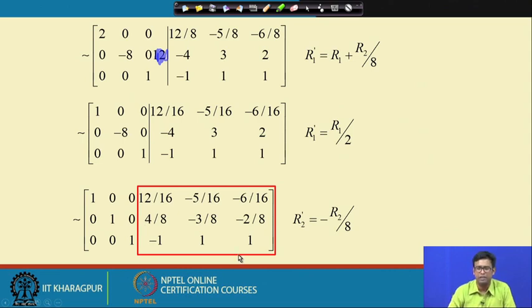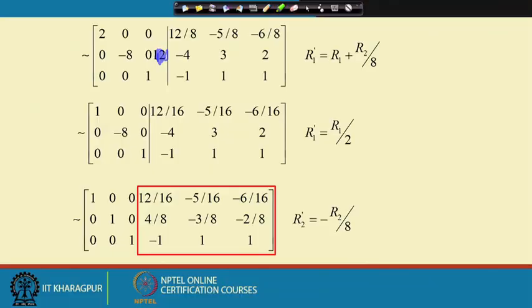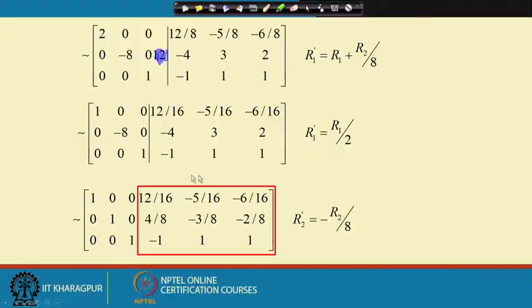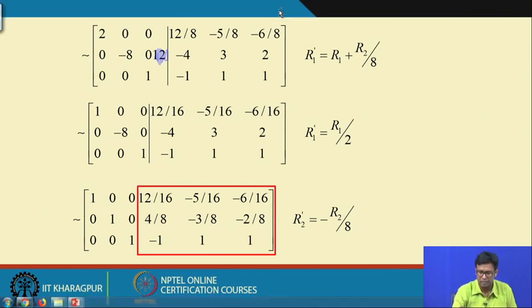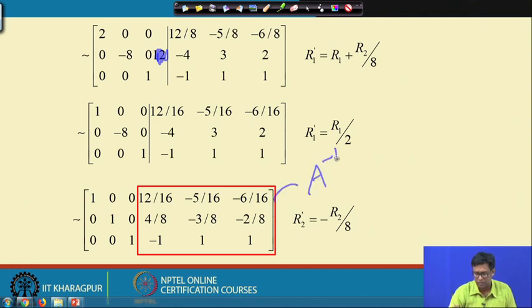So, we will check it: we will multiply this matrix with the initial A and we should get identity here. However, the Gauss-Jordan method for finding inverse tells me that once Gauss-Jordan steps are performed over any matrix A, which is a full rank matrix, and the same steps are performed over an identity matrix, the identity matrix is transformed to A inverse.